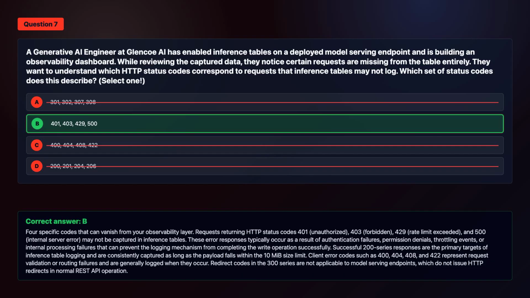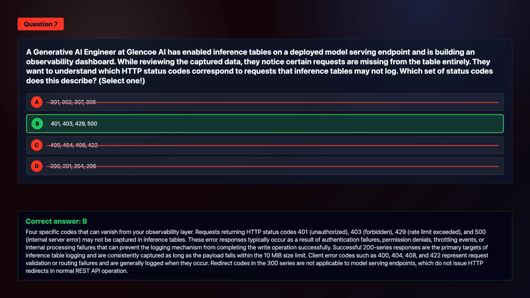These error responses typically occur as a result of authentication failures, permission denials, throttling events, or internal processing failures that can prevent the logging mechanism from completing the write operation successfully. Successful 200 series responses are the primary targets of inference table logging and are consistently captured as long as the payload falls within the 10 MB size limit.